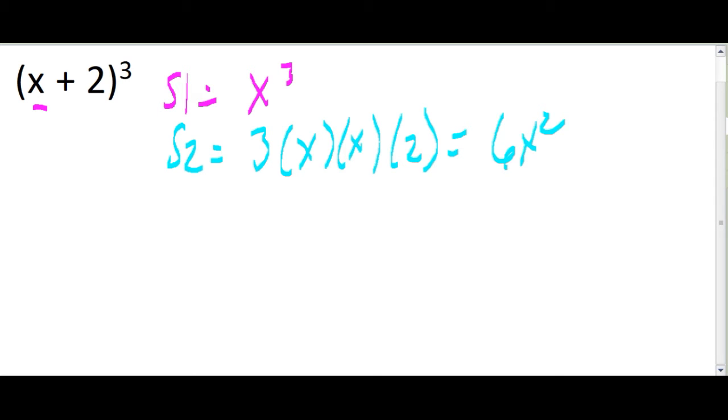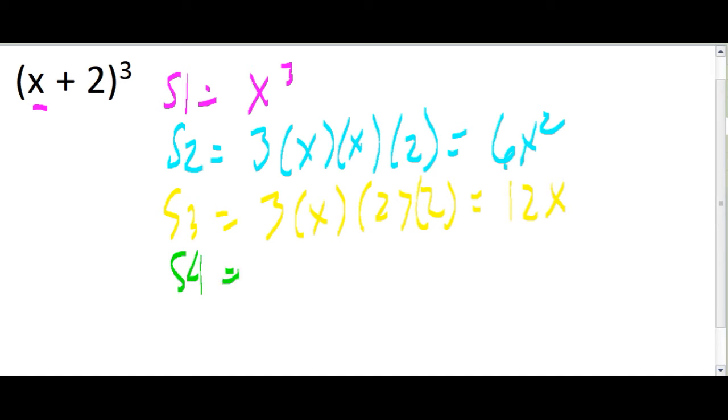Then, for the next one, the third step is thrice the product of the first term and dalawang second term. So, 3 times 4 is 12x. Last but not the least, step number 4, you're going to get the cube of 2. 2 times 2 times 2 is equal to 8.